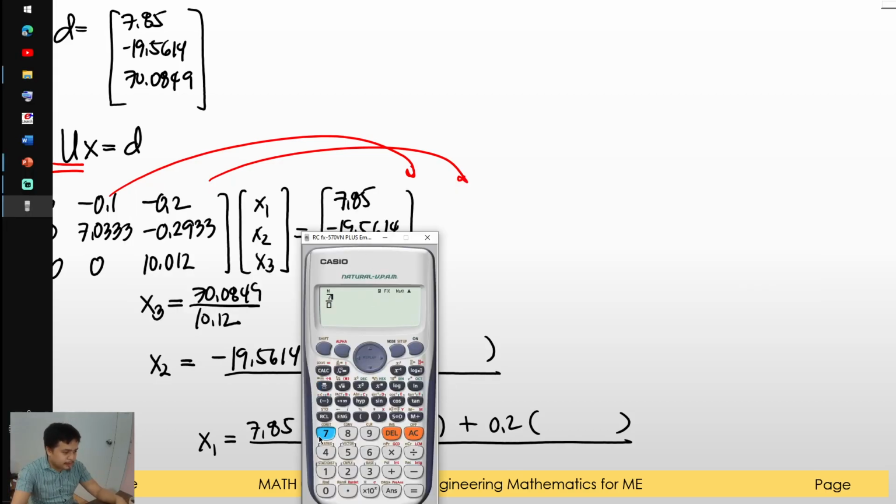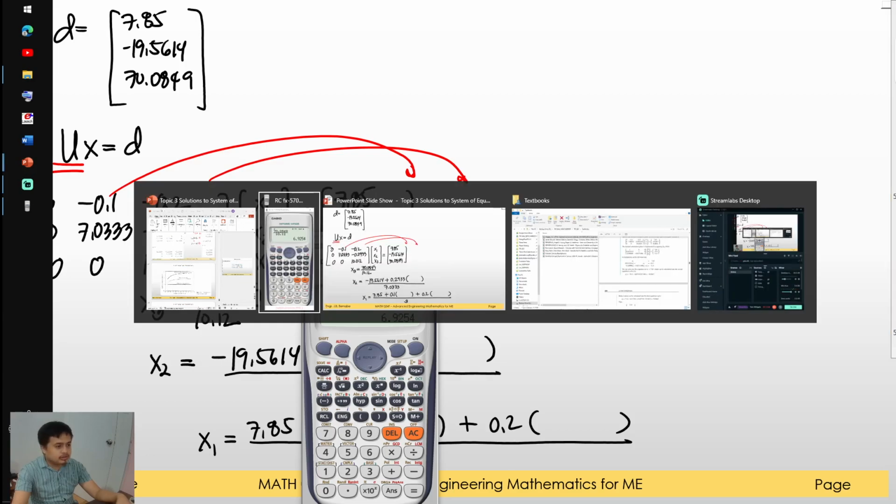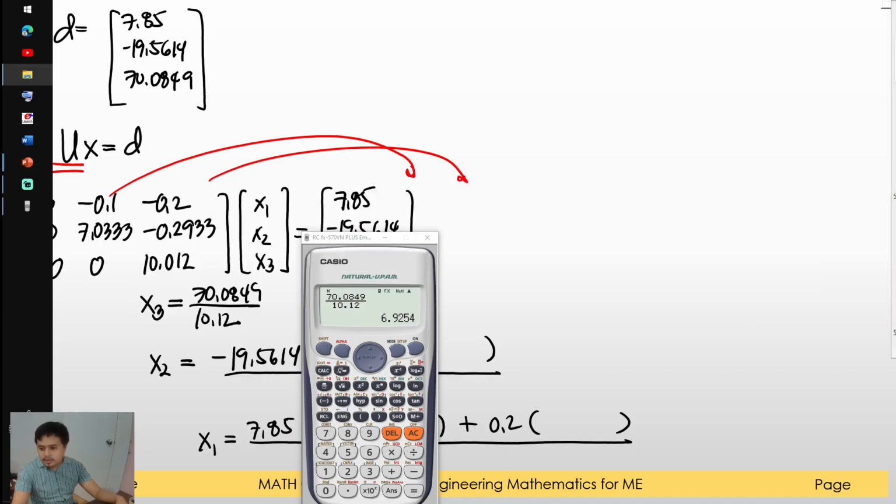Okay, let's do this combination. We have 70.0849 over 10.012, and then 6. This is the answer. Why is it? I think it is wrong. Let me just check again.